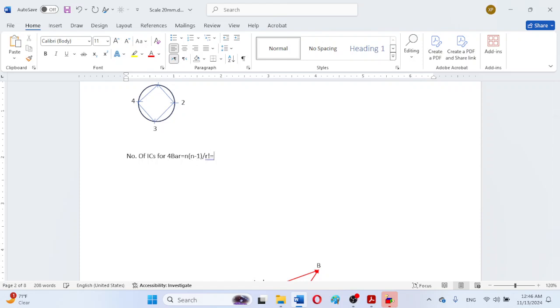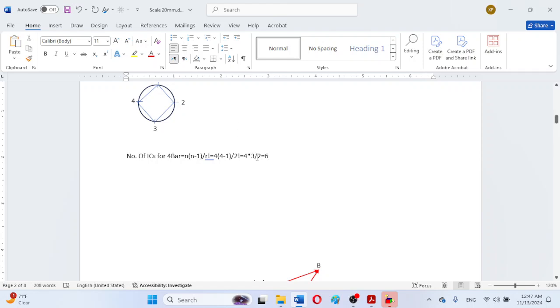Here n is the total number of links, and as it can be observed, the total number of links is 4, so that will be 4 minus 1, which is 3, divided by r, which is 2 factorial. This simply comes out to be 4 multiplied by 3 divided by 2, which is equal to 6.